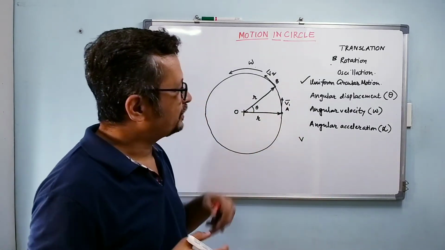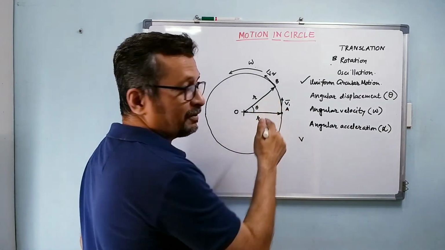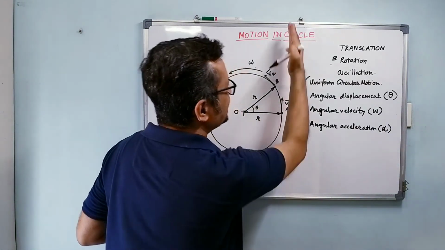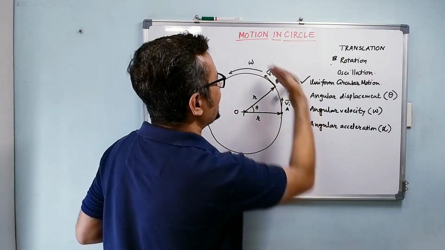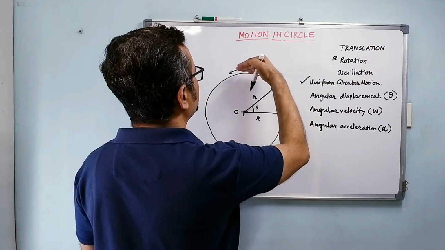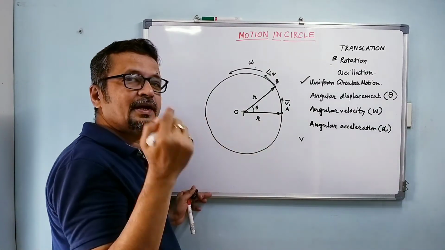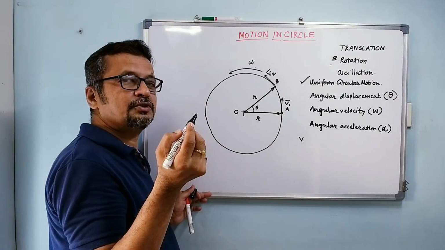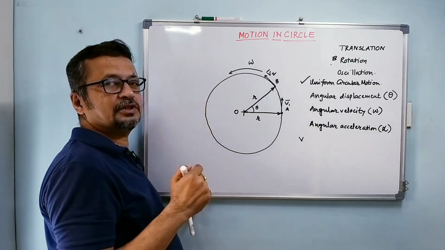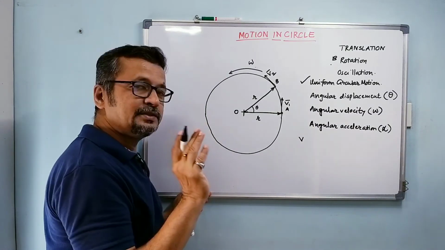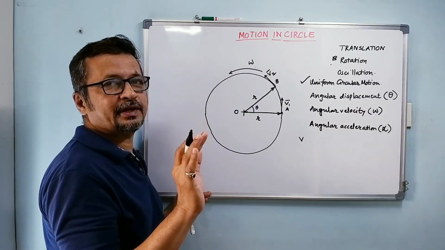So now here at point A, my velocity vector was pointing in this direction. At point B, it is pointing in that direction. Over here, it would point in this direction, because my direction of velocity is always going to be along the tangent to the circle. Correct. So that means my velocity vector is changing.